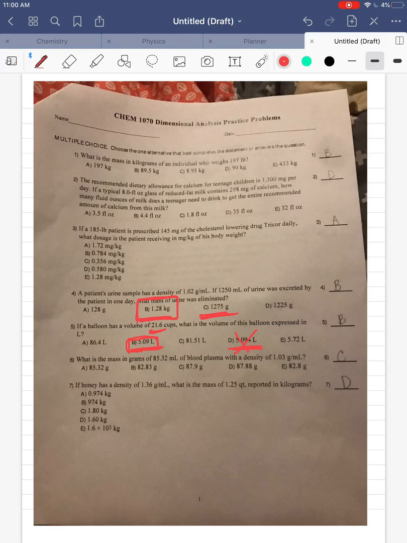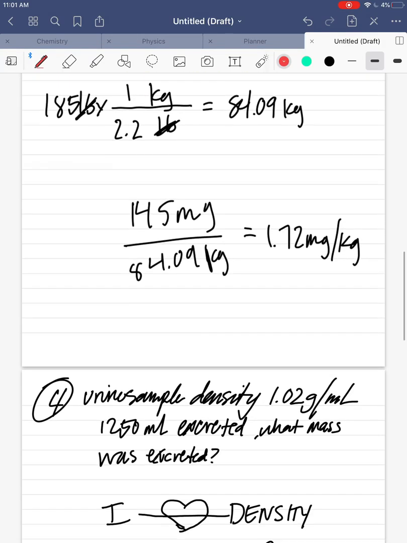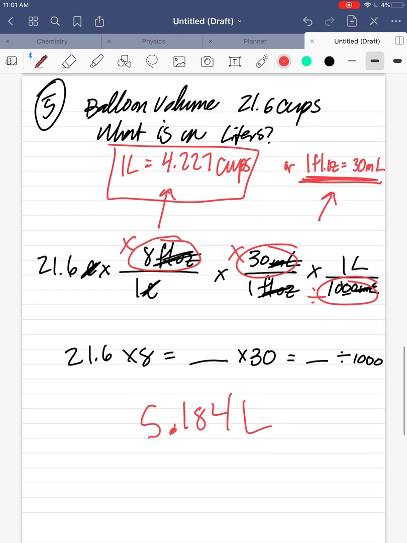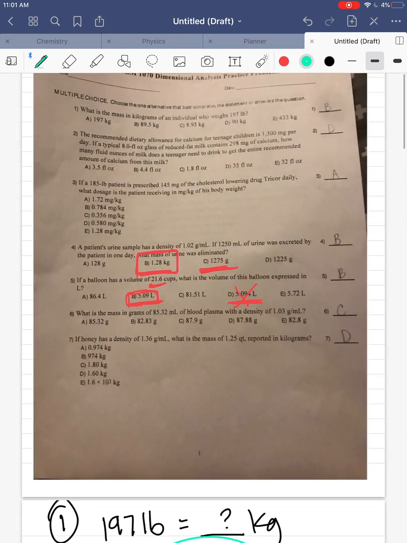Now, these are the only ones that are close. I did not round when I did any of this. Your professor may have rounded. Your professor may have actually used 4.227, or they may have done 4.23, which means that their answer is going to be off a little bit. But this is the closest answer. That's the one we're going to go with.